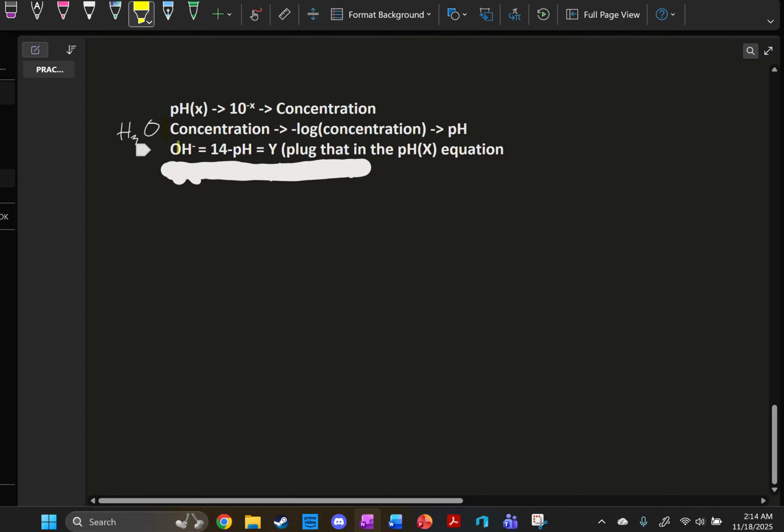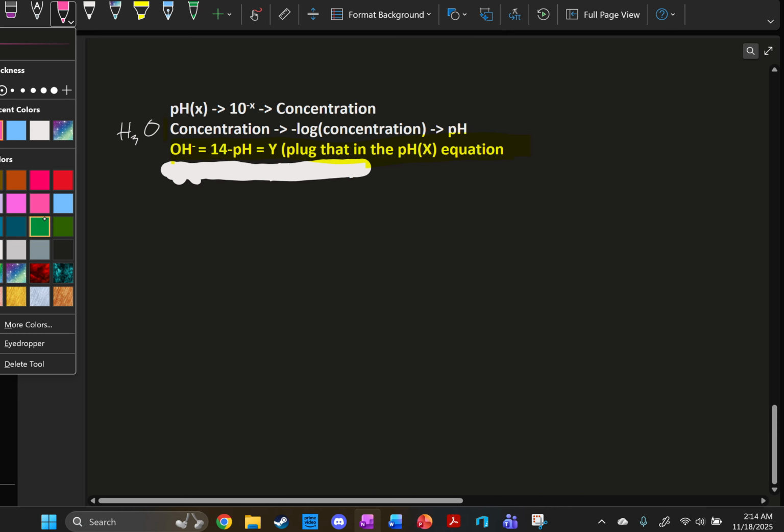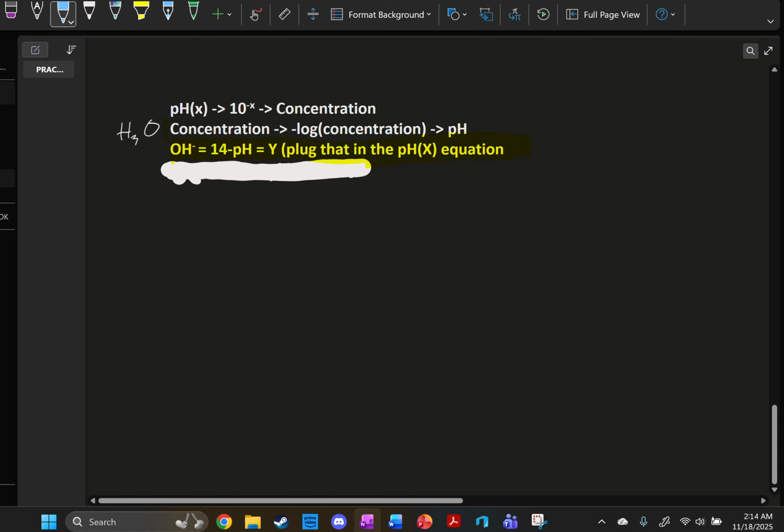Okay? So, this note is a little bit confusing. I apologize. I should have cleaned this up before recording this video. But we are trying to find the hydroxide atom here. You want to find that.